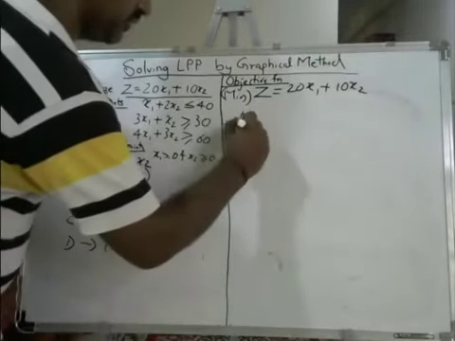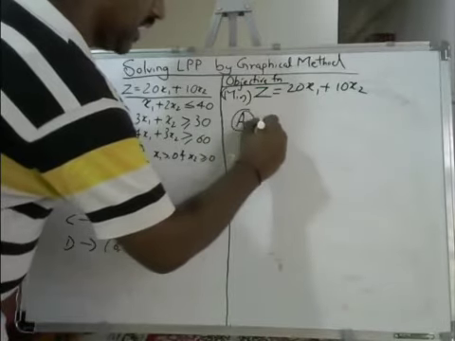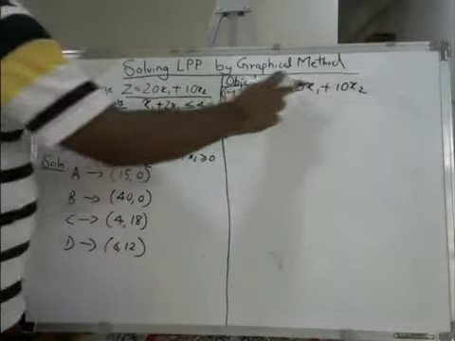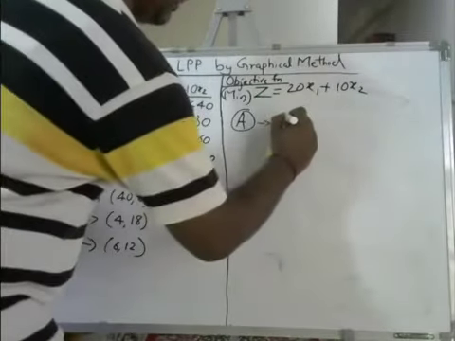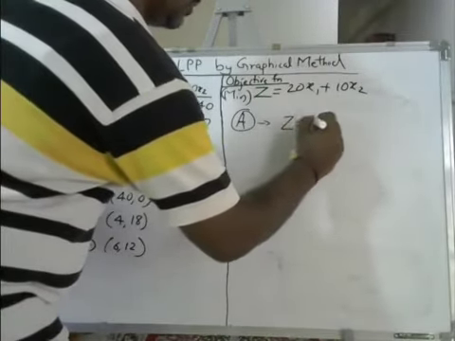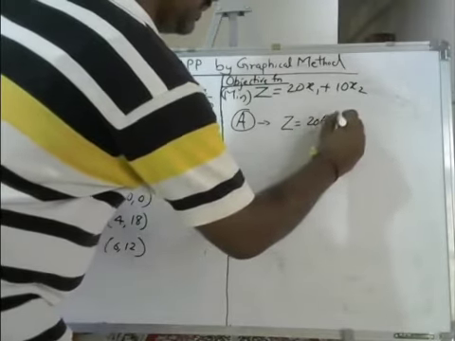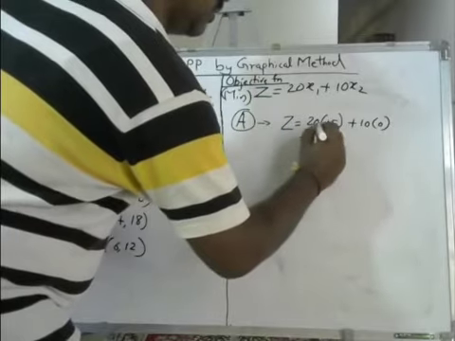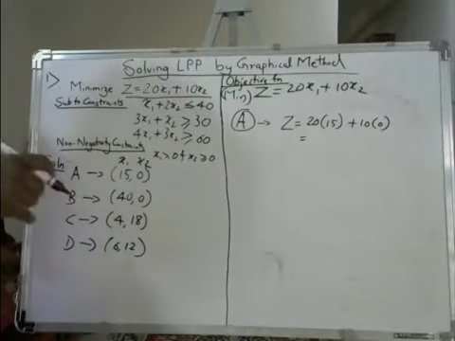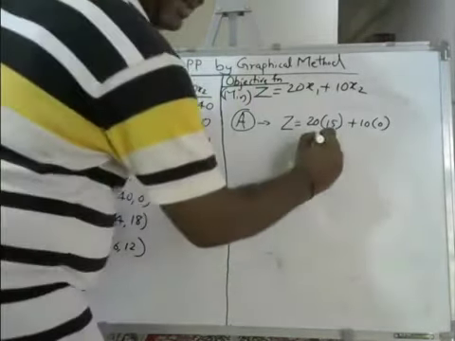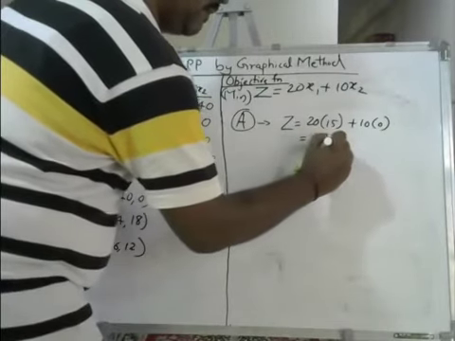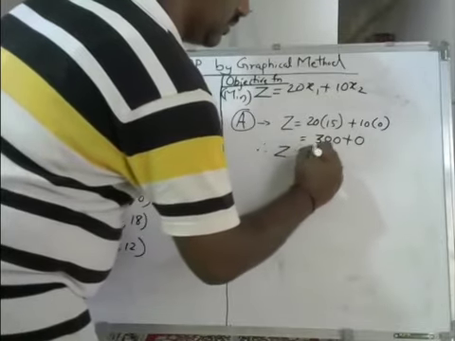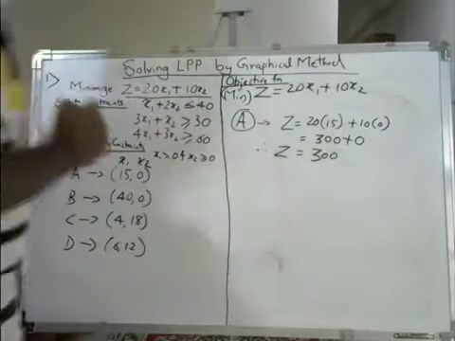Let's take the first one, A. If I substitute 15 and 0 in this, it will become z is equal to 20 into 15 plus 10 into 0. Therefore, 20 into 15 will be equal to 300 plus 0. Therefore, z is equal to 300.